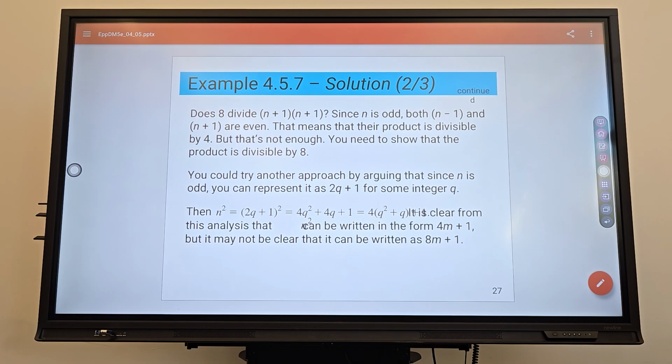You could also try another approach by arguing that since n is odd, you can represent it as 2q plus 1 for some integer q.